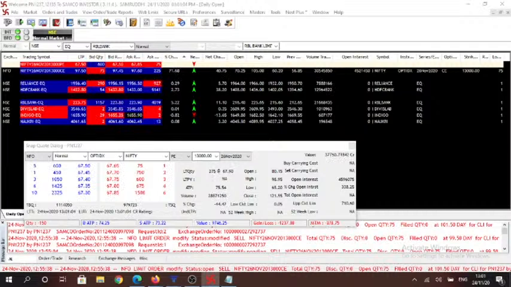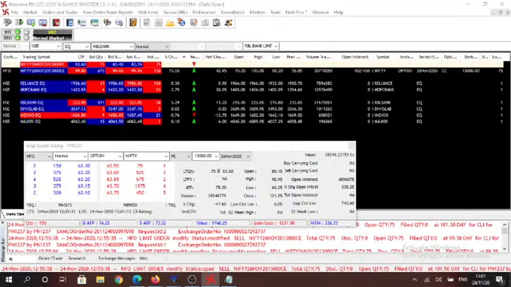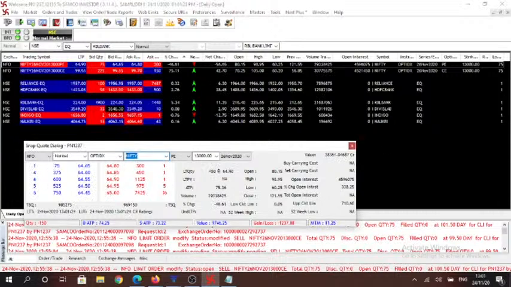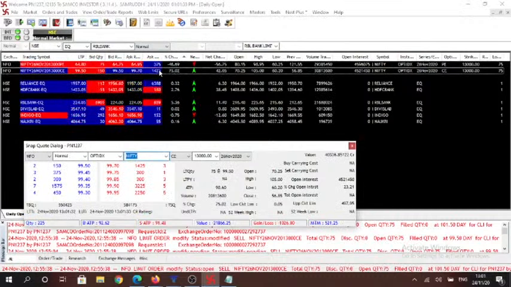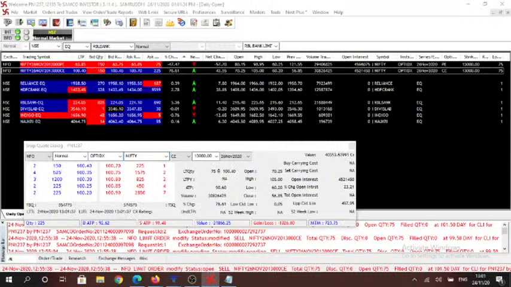Let's see. We have a sell order for call at 101.5. So let it also get triggered. It should get triggered now. Waiting for it to get triggered. It should get triggered at 101.5 now.